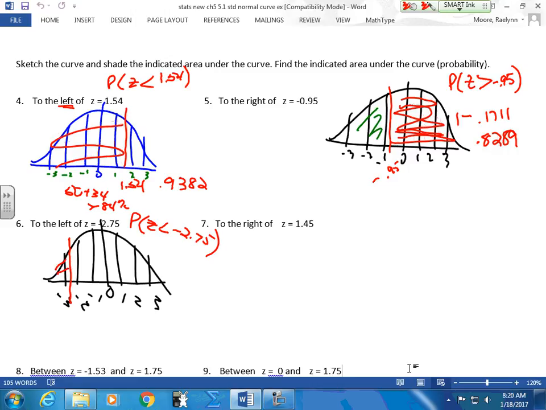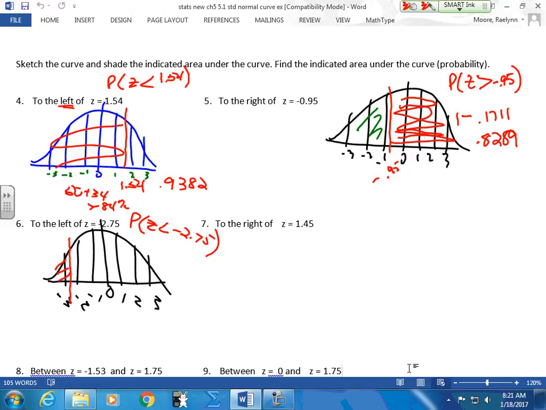To the left. Well, is this going to be a large area or a small area? Small. Give me an estimate. How small? Just give me an estimate. 2%? Okay, so you're like 0.02? 0.002, then that's 0.2%.